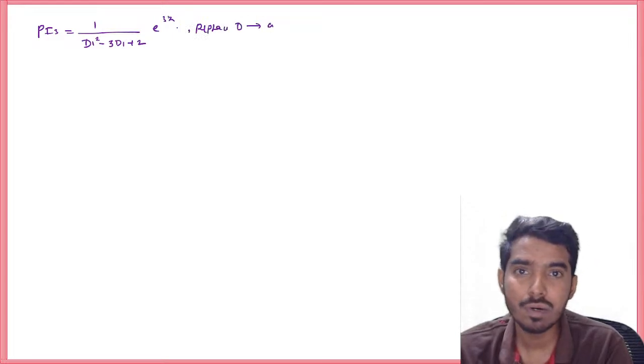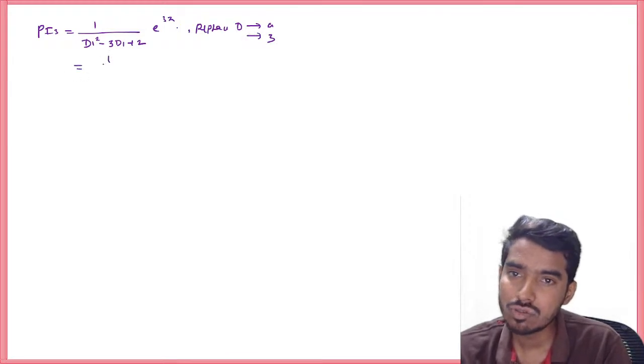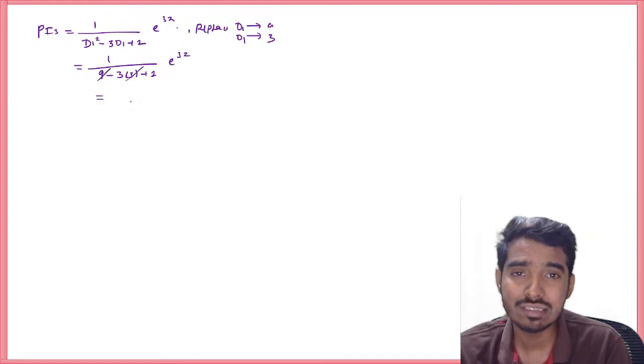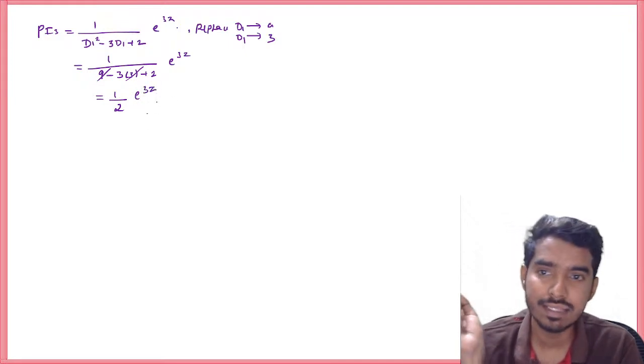Replace D by a, e power az. So a is 3 here. So replace D1 by 3, 3 square is 9, minus 3 into 3, plus 2, e power 3z. These will get cancelled, so the denominator is non-zero. That means this is the required particular integral PI3.